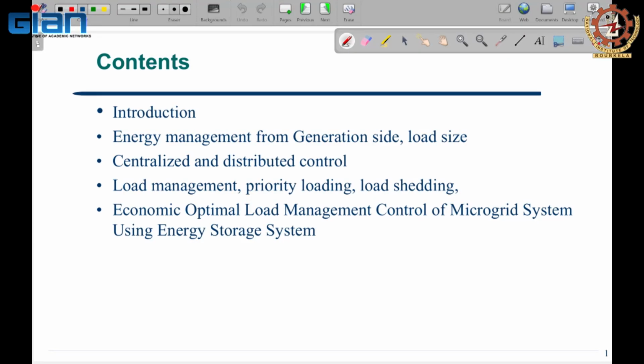We can control the energy from the load side. We can prioritize the load, and if needed, we may need to do load shedding. I will speak very briefly about some theoretical aspects. Then I will briefly discuss one research paper written by my past PhD student, on how we do economical optimal load management of a microgrid system using an energy storage system.